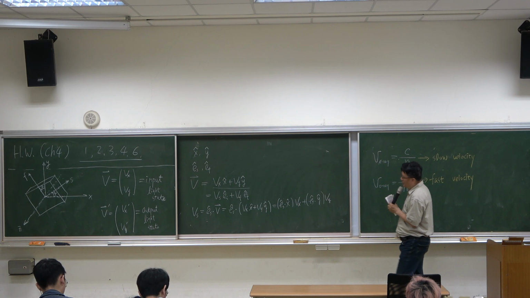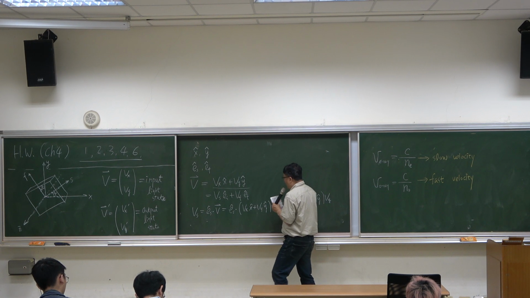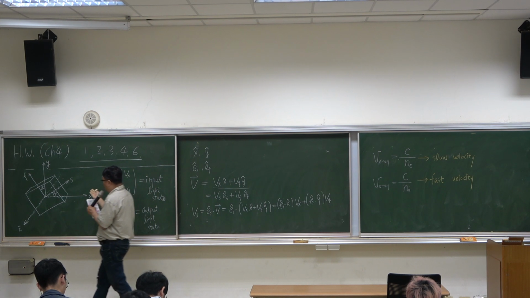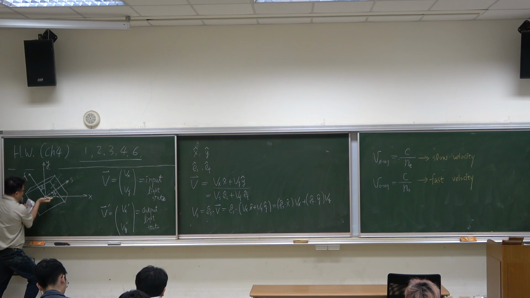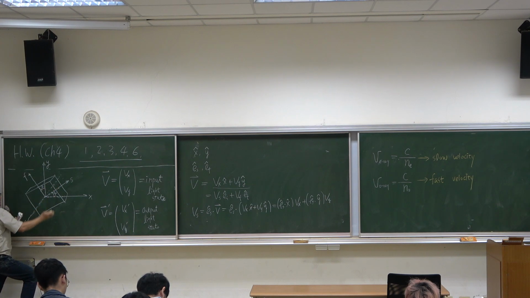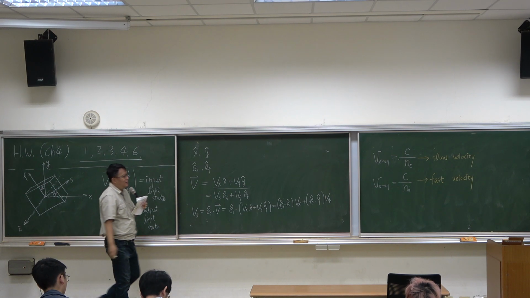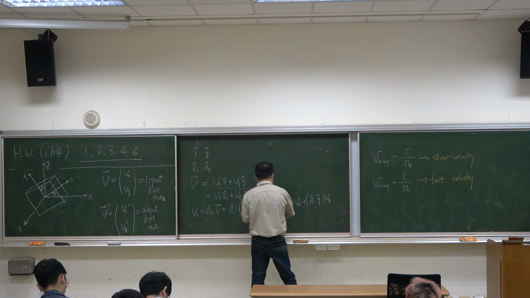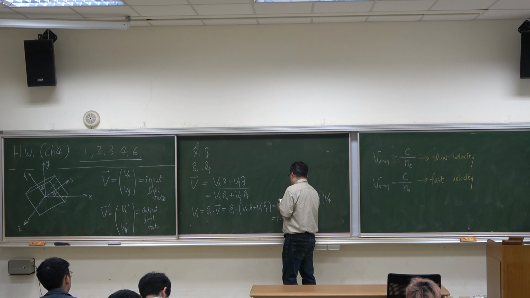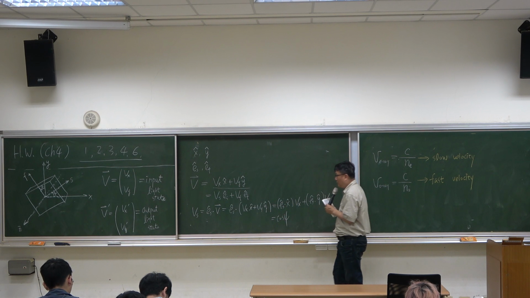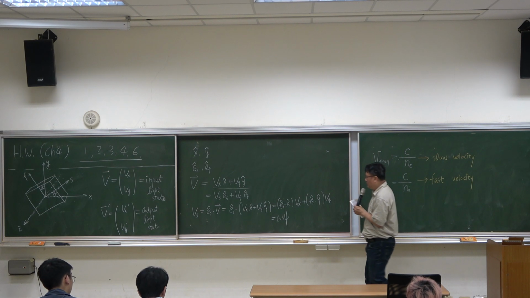Okay. The angle between Es and x is psi. So this gives us cosine psi, because both of them are unit vectors.